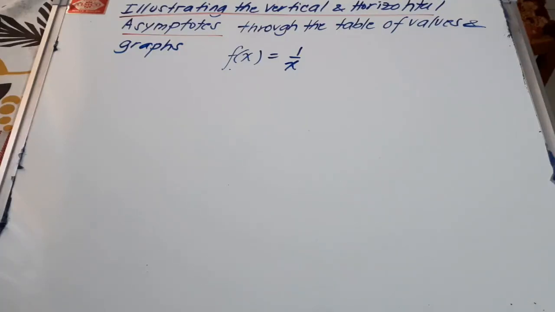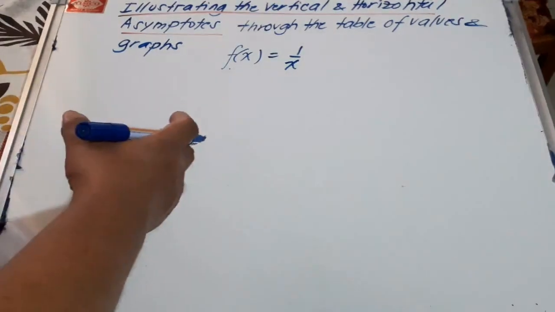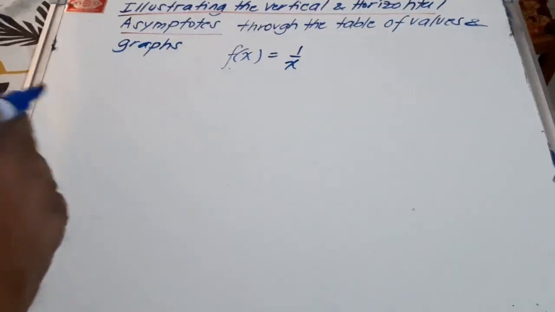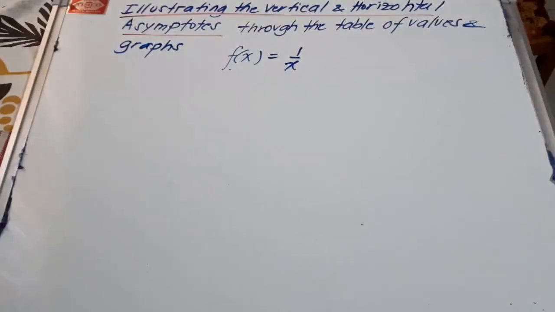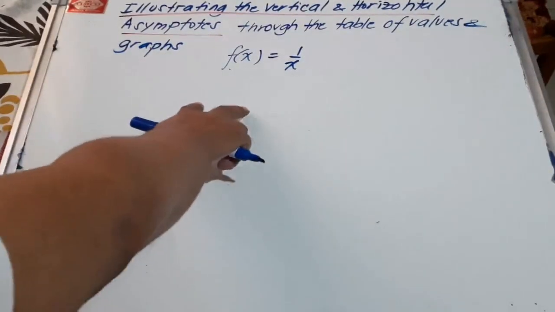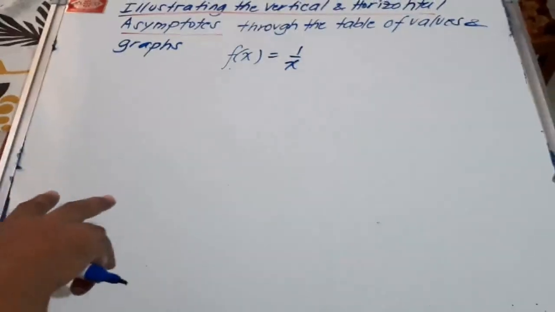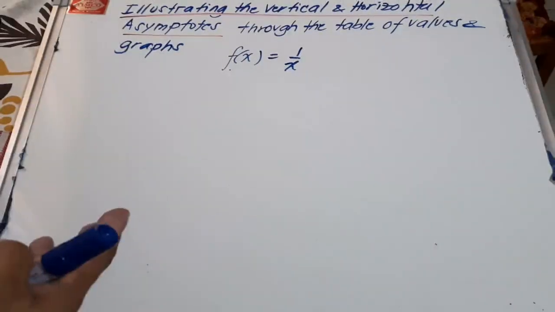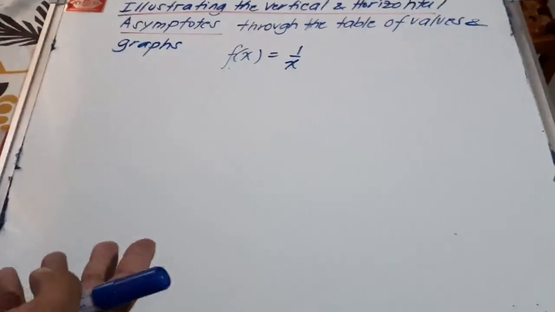Okay? Yung mga restrictions na yon of x, the graph of rational functions may increase or decrease without boundaries. And using this f of x equals 1 over x, we're going to determine the behavior of this rational function as x approaches its values of x, which is the so-called restriction.